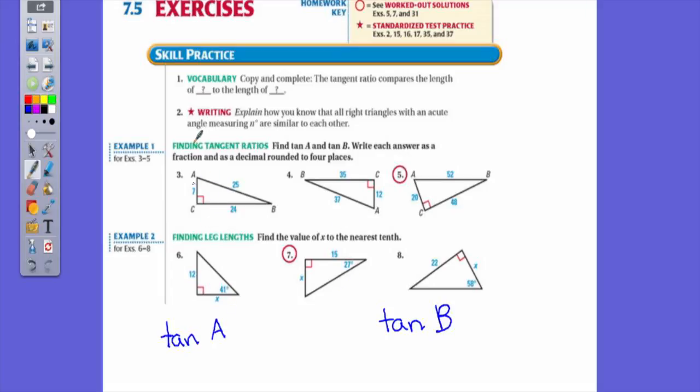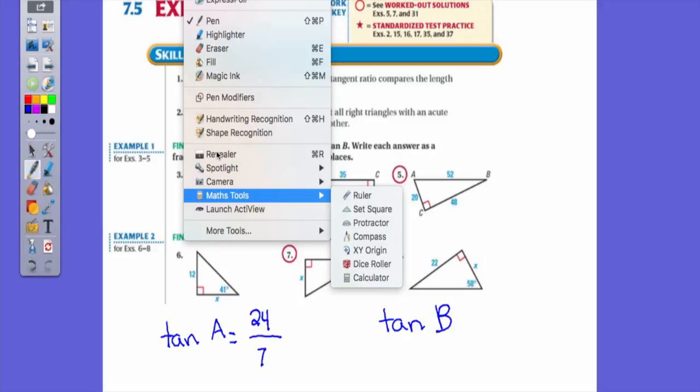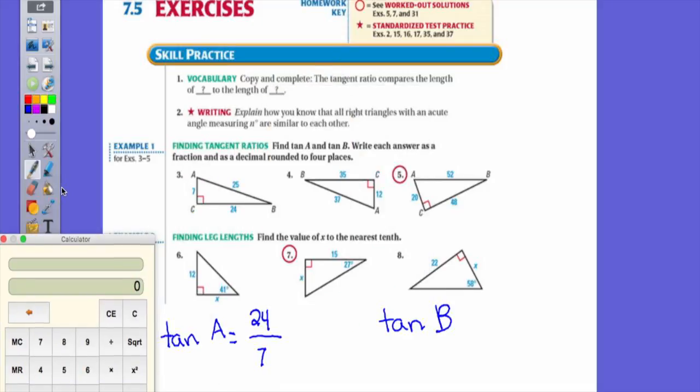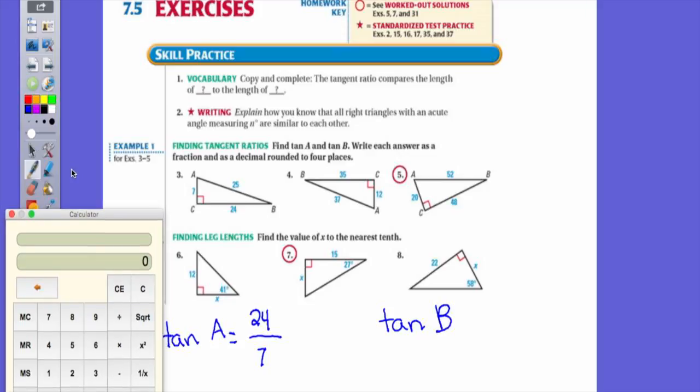So, in number 3, the side length opposite A is 24, and adjacent to A is 7. So if I'm asking for this as a fraction, the tangent of A is 24/7. Can I simplify 24 over 7?